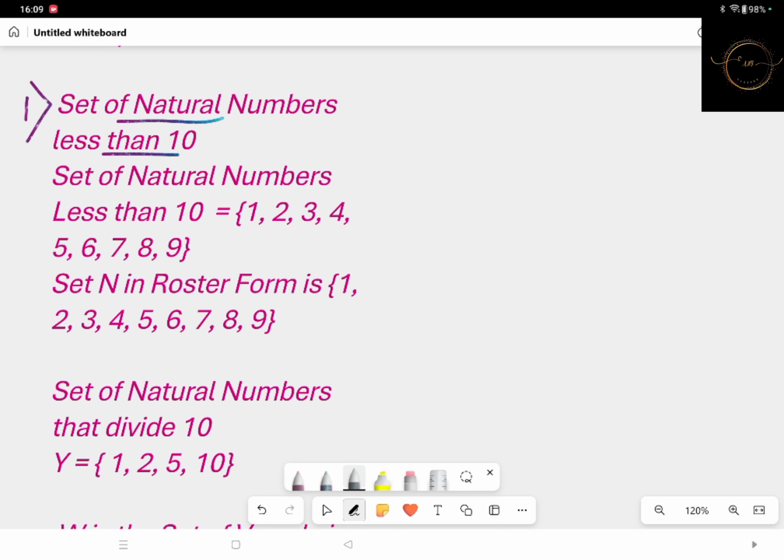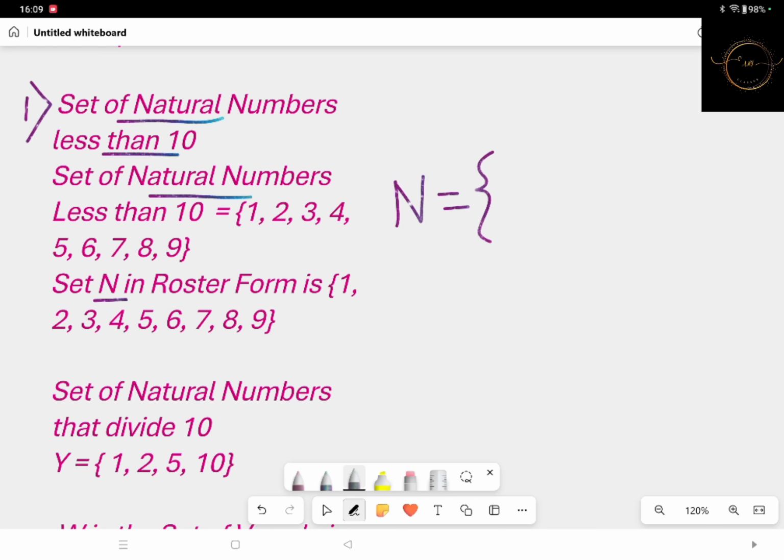How will you write? The answer in roster form will be, first and foremost, you have to name the set. Natural numbers are represented as capital N. If you give any other name, that is also absolutely okay, but as we represent it as capital N, it looks good. So in roster form, capital N equal to, whenever a roster form question is given, always remember you have to put curly braces.